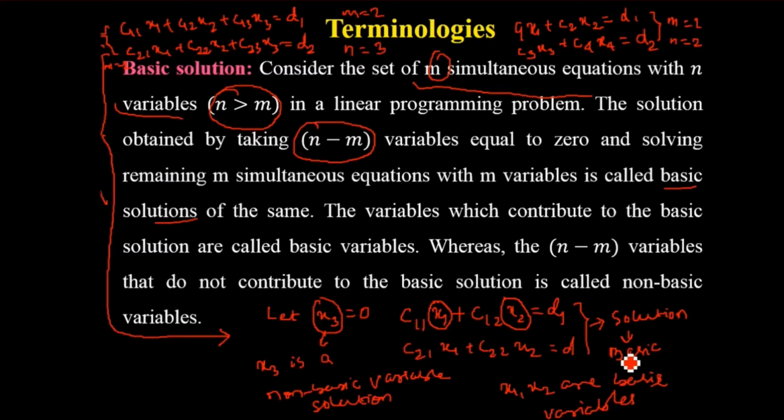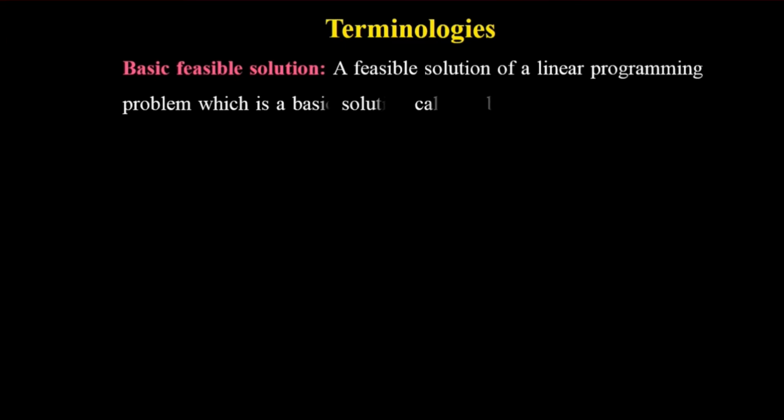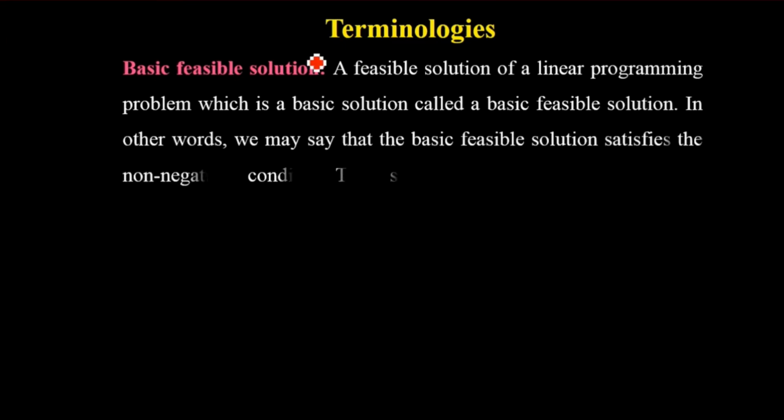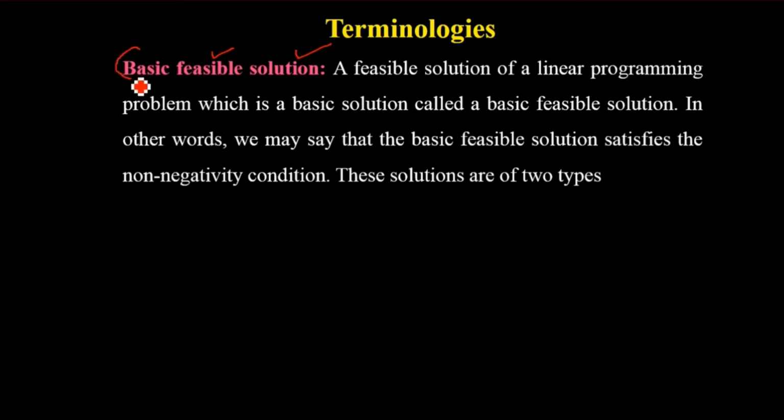So next we are going to see the addition of this, that is, basic feasible solution. First we know what a solution is: if it satisfies the constraints. What is a feasible solution? If the decision variables satisfy both the constraints and the non-negativity condition. Another thing is that now we are adding basic feasible solution.